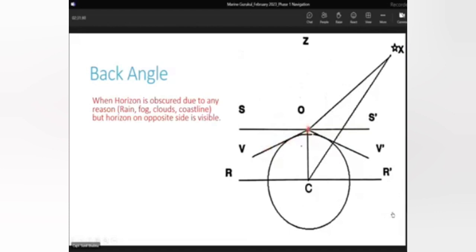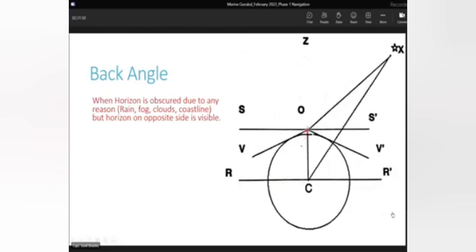Now, if you draw a line or a plane passing from the eye of the observer and parallel to rational horizon, you see this is the observer's eye and we have the rational horizon as R dash. This is the plane of the rational horizon.